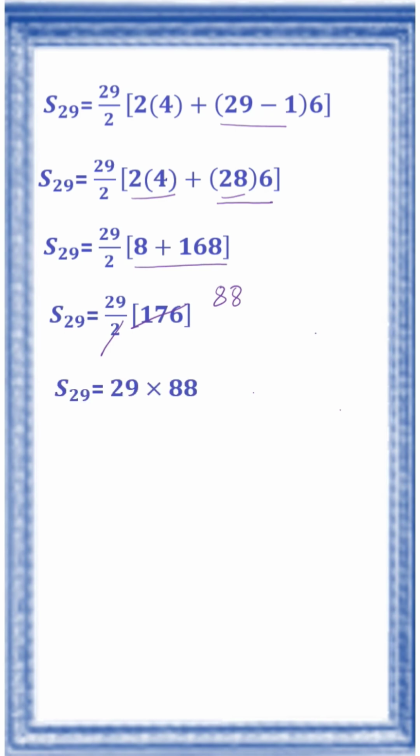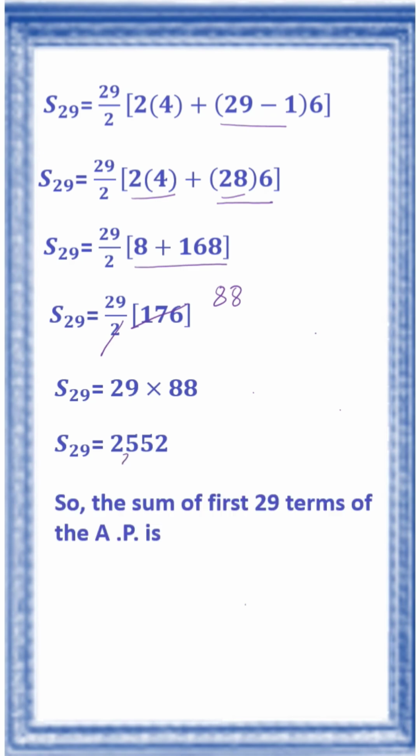So S29 is equal to 29 into 88, that is equal to 2552. So the sum of first 29 terms of the AP is 2552.